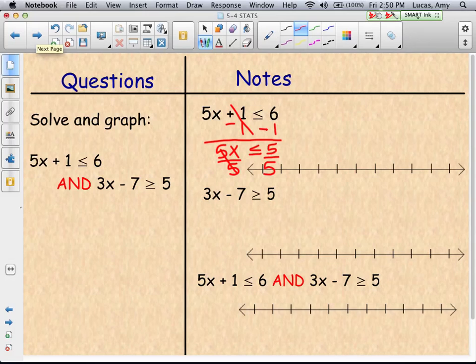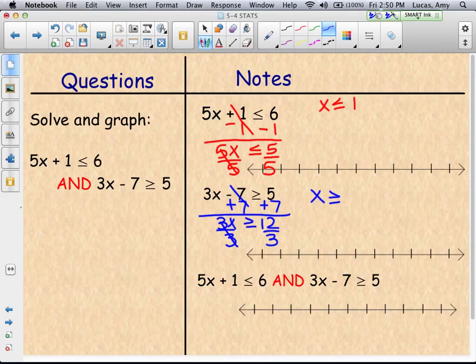So this inequality would be x is less than or equal to 1. And my second one, if I solve, I get x is greater than or equal to 4. Now I'm ready to graph, so I need to go from 1 to 4.